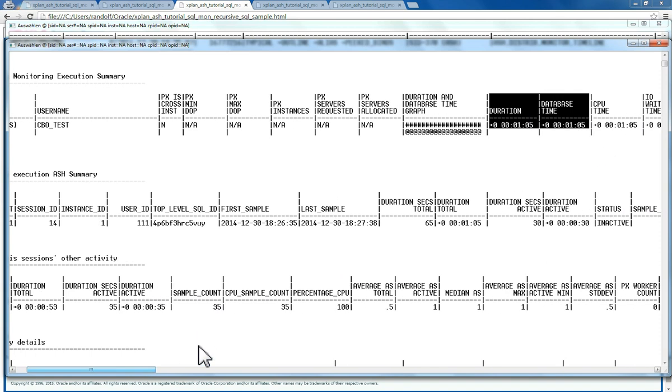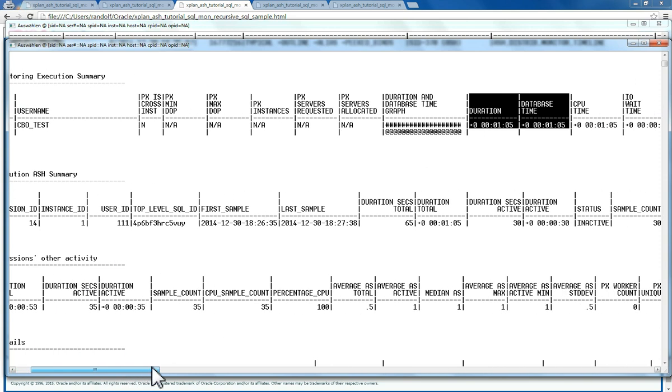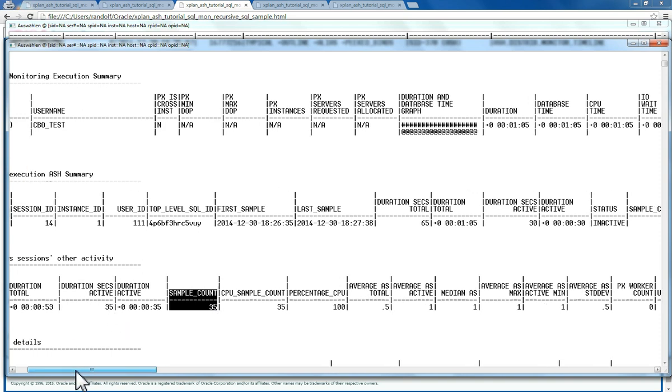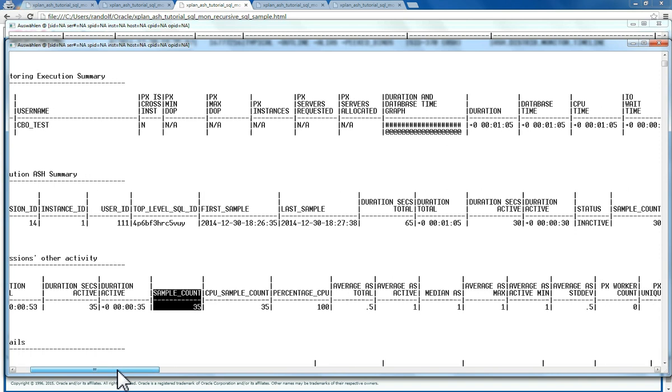So now we see some more information about this other activity. This is a global summary, so you see again something like the number of samples for active session history. This corresponds exactly to the activity here. If it was parallel execution, then of course it could also be a much higher sample count.